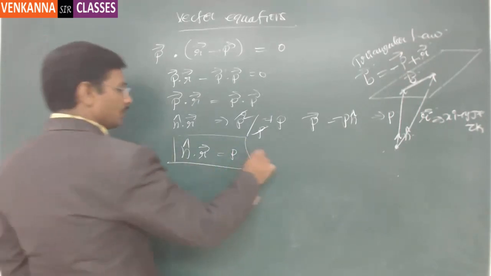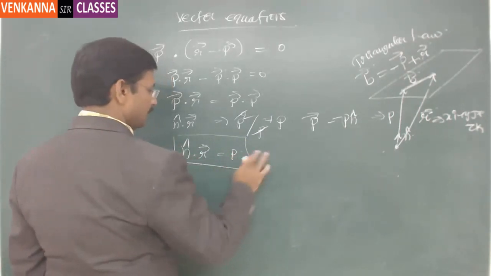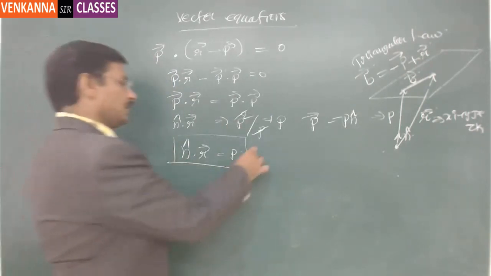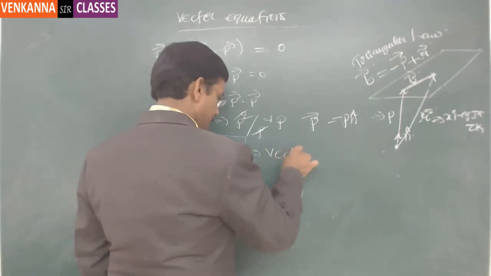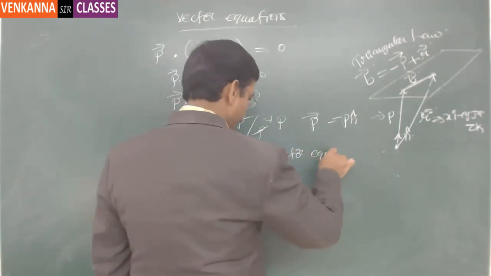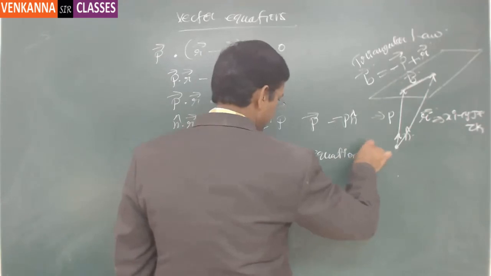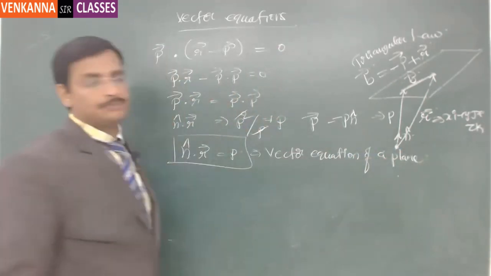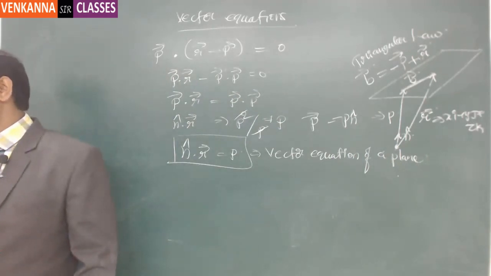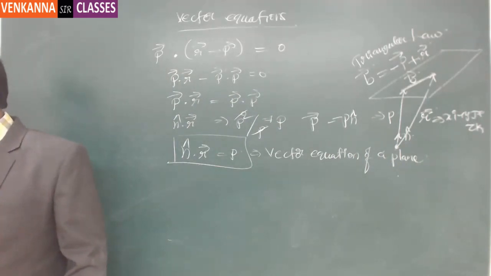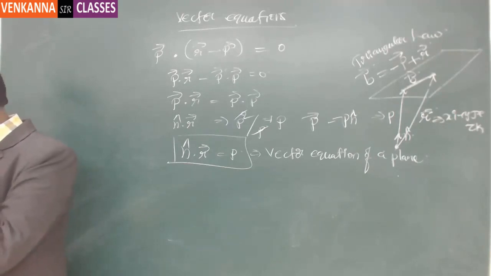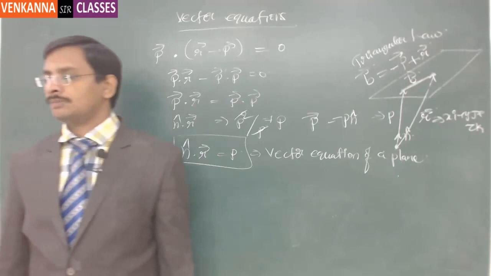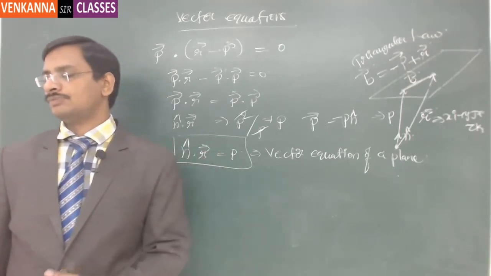So this is the vector equation of a plane. Clear? Any questions on this?